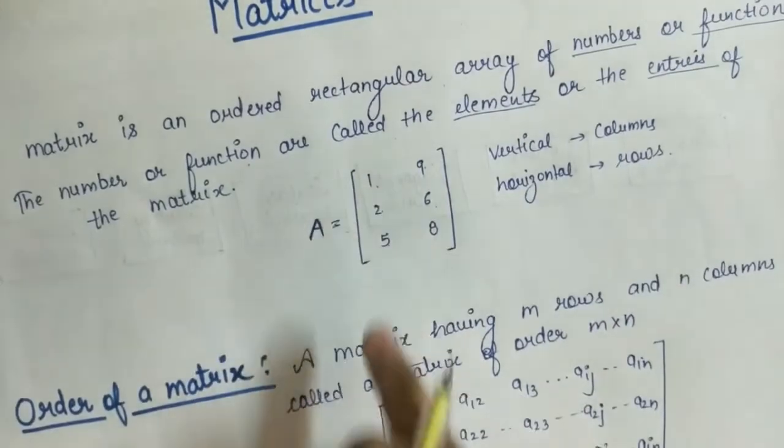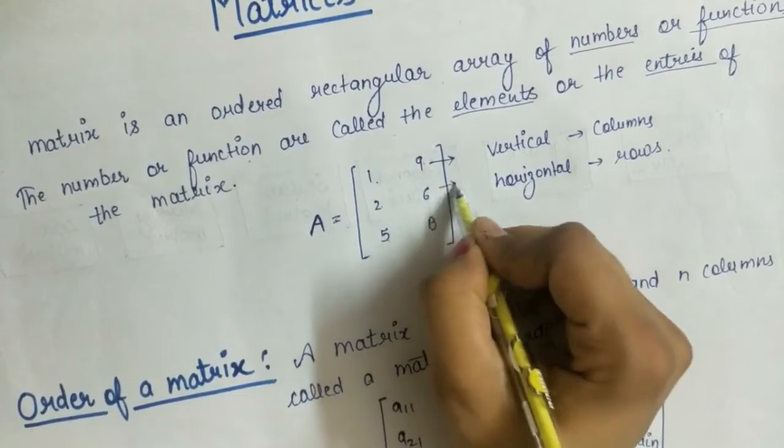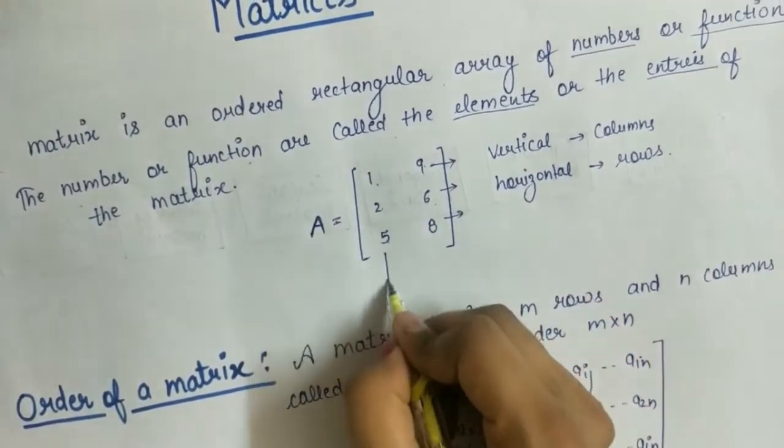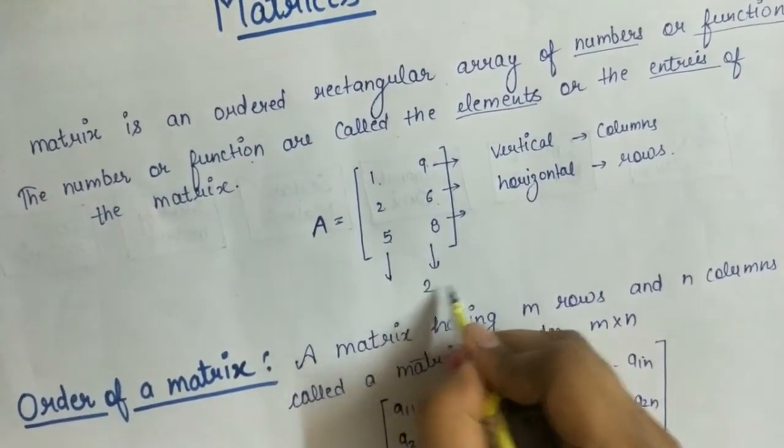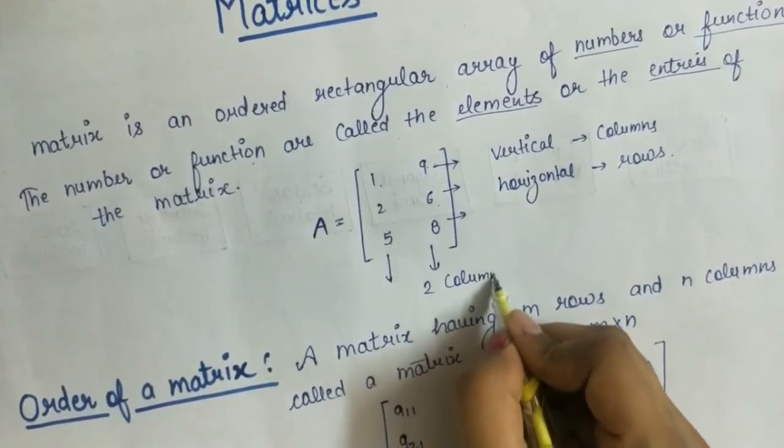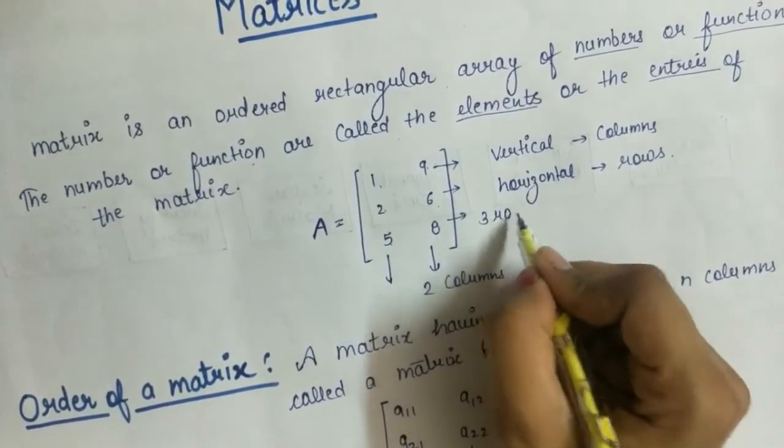That means in this matrix there are 3 rows and 2 columns.